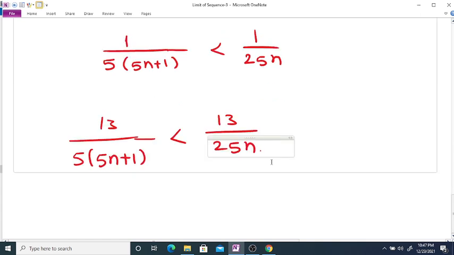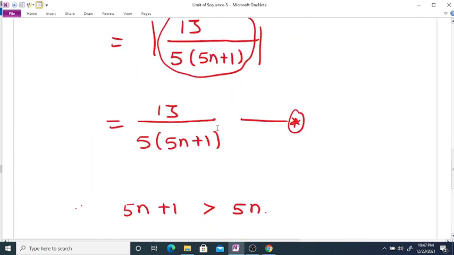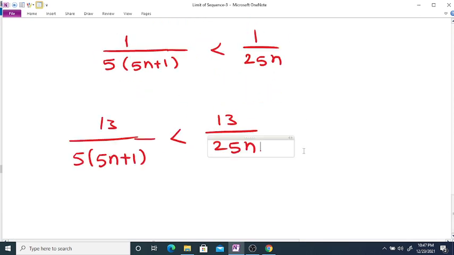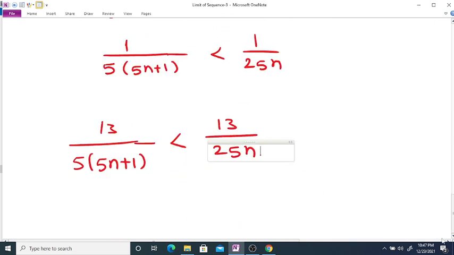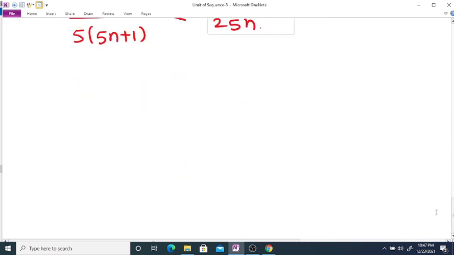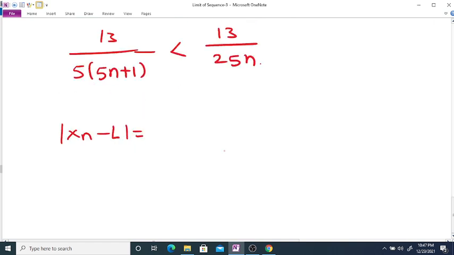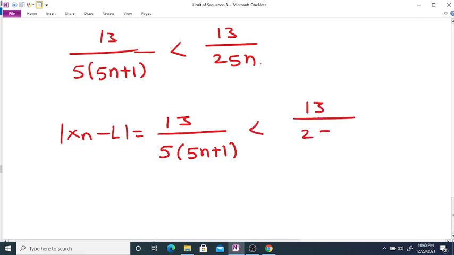Therefore, what is equation star? It is nothing but xn minus L. So xn minus L is equal to 13 divided by 5(5n + 1), which is less than 13 divided by 25n.